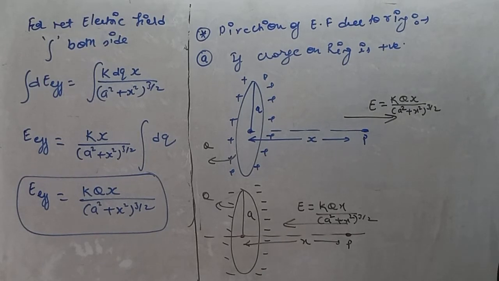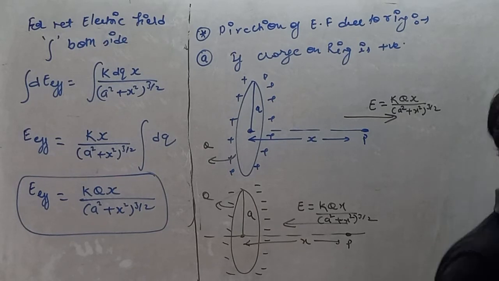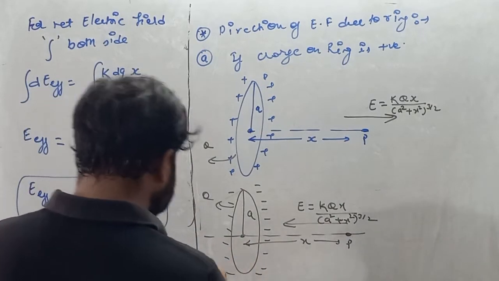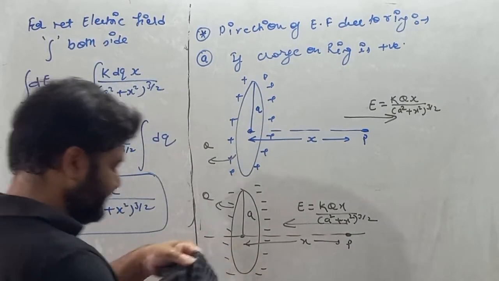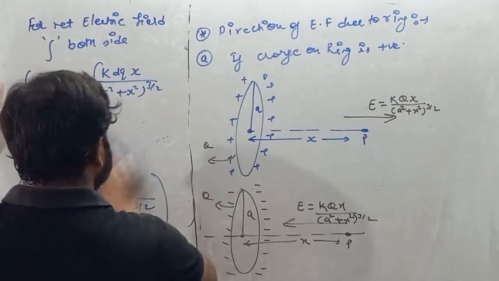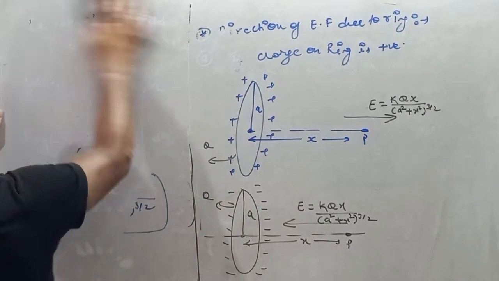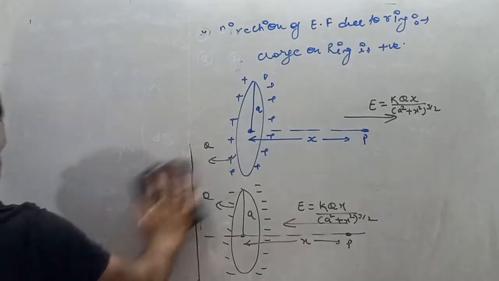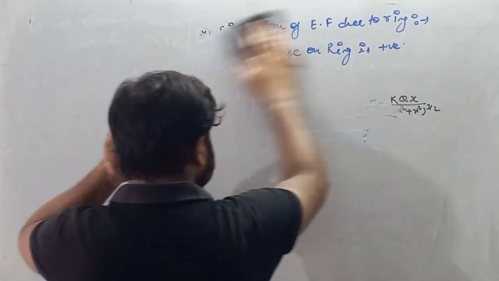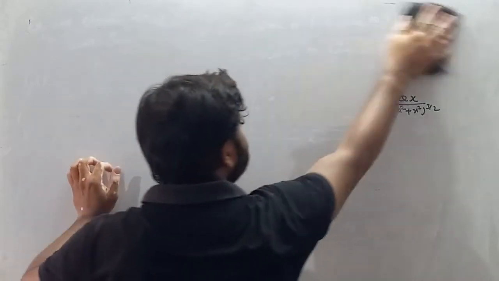I hope you all are enjoying the class. After completion of this topic, we'll move to the next part, that is electric flux and Gauss's law. So write down the next heading. Electric field due to a semicircular arc.